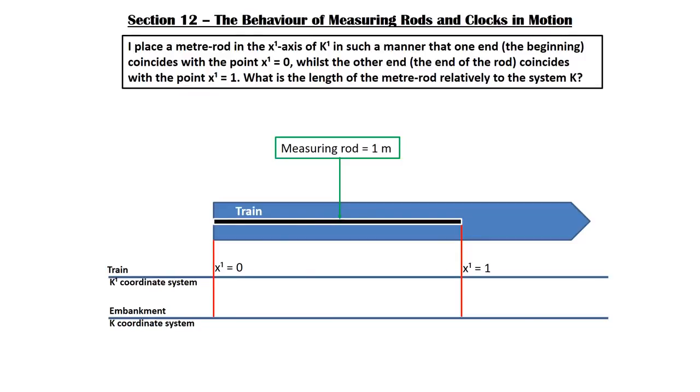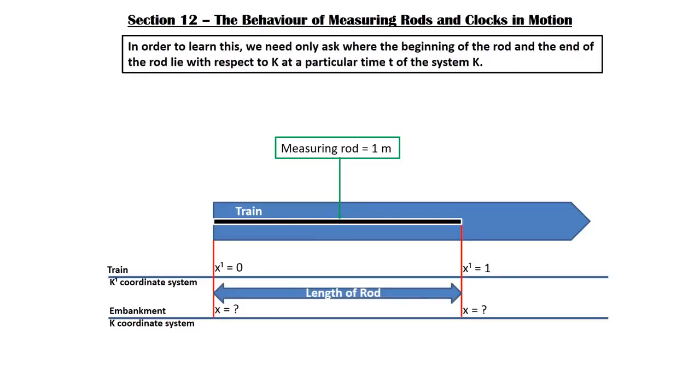He asks, what is the length of the meter rod relatively to the system K? In order to learn this, he tells us, we need only ask where the beginning of the rod and the end of the rod lie with respect to K at a particular time t of the system K. The length is then given by subtracting the beginning value from the end value.